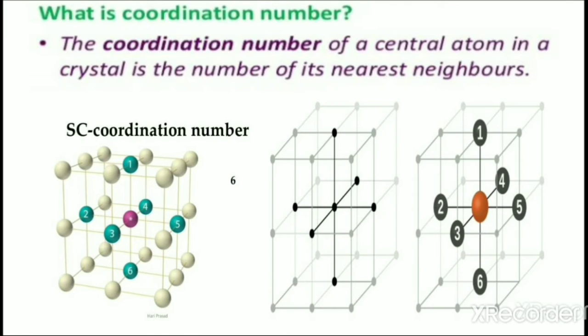Consider the central atom, it has 6 nearby atoms. So the coordination number is 6. See here the given unit cells, the central atom has 6 neighbors. So the coordination number in simple cubic is 6.